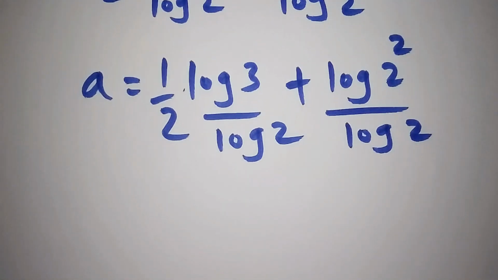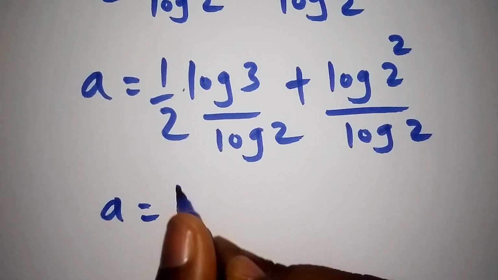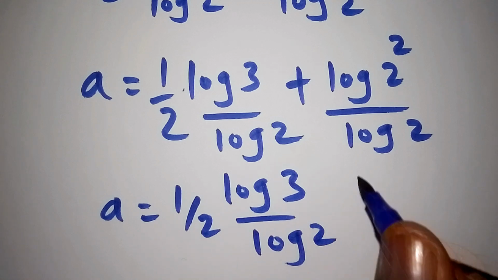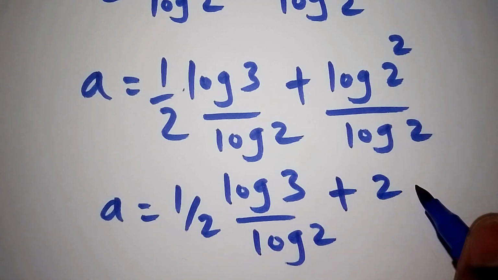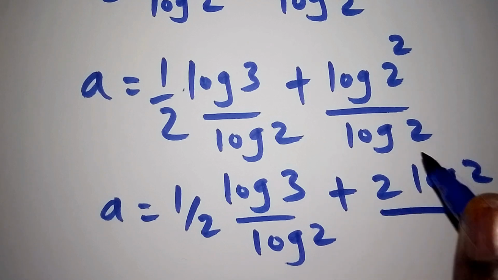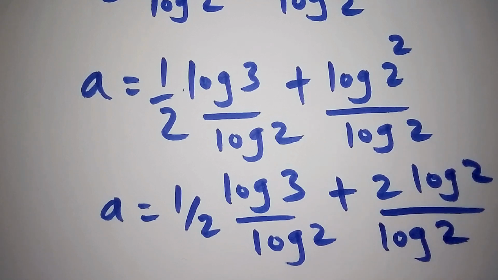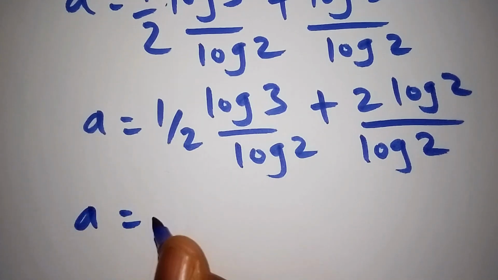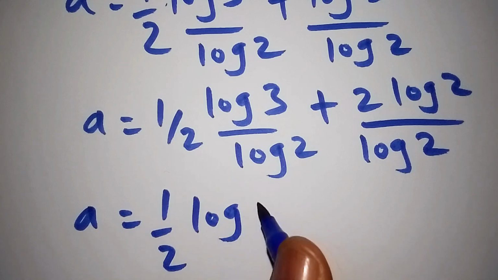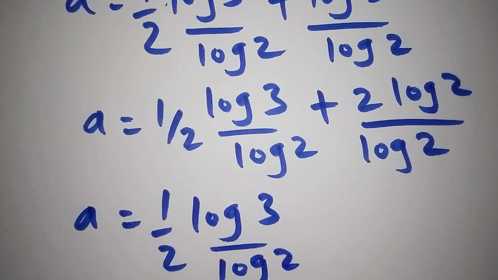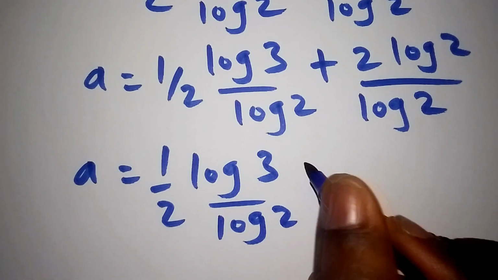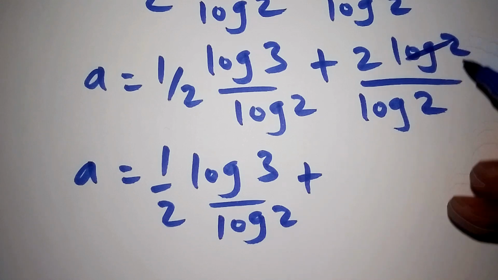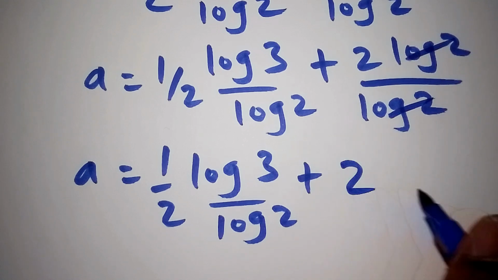So a equals a half the log of 3 all over the log of 2, plus 2 the log of 2 all over the log of 2. The log of 2 and the log of 2 cancel, so we have our 2 on this end.